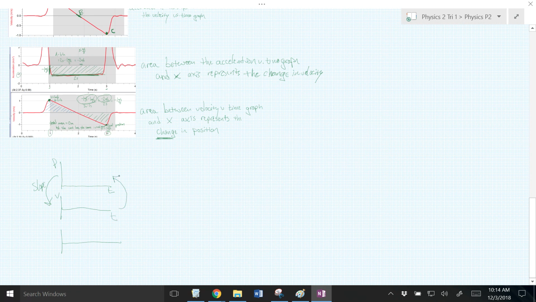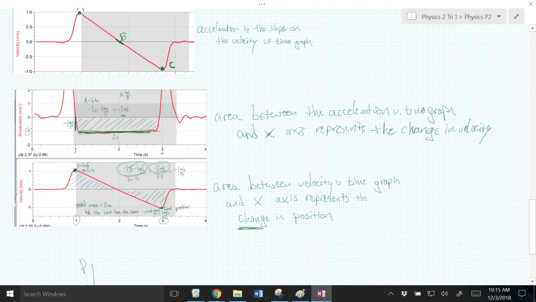The area on the velocity versus time graph tells me about the position versus time graph. And now similarly, you've got the slope on the velocity versus time graph telling you about the acceleration versus time. The area on that acceleration versus time graph is telling you about the change in velocity. So those are kind of a couple big relationships here.